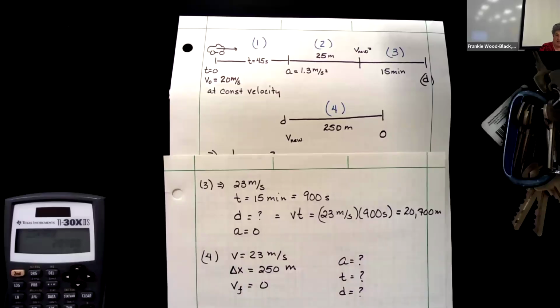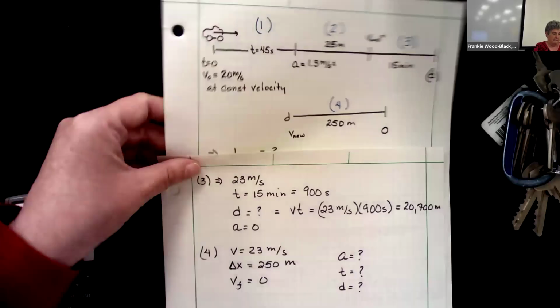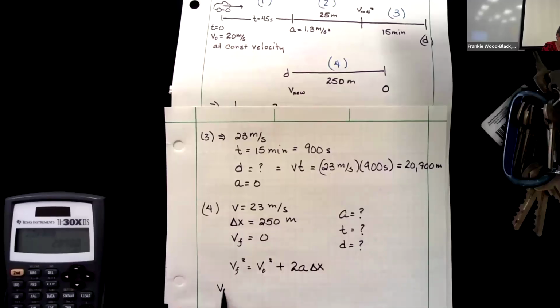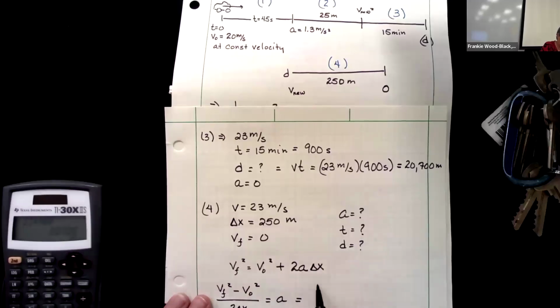Well, I can figure out my acceleration because I've got v final squared is equal to v initial squared plus 2 times my acceleration times my change in distance. So I get v final squared minus v initial squared divided by 2 times my change in distance is going to equal acceleration. I get 0 minus 23 squared divided by 2 times 250 meters.